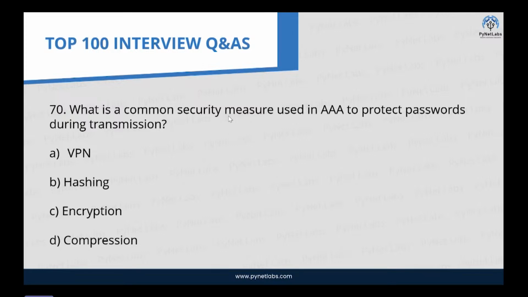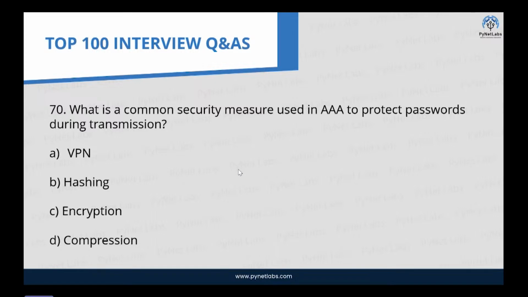So what's going to be the correct answer for this question, to secure passwords during the transmission in AAA, be it hashing or encryption? You tell me, guys, then I'll explain this as well. Take 5 seconds of time to write the correct option. Is it going to be your A, B, C, or D?